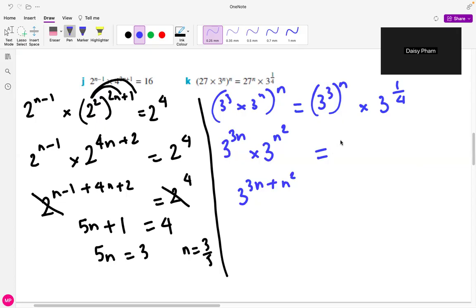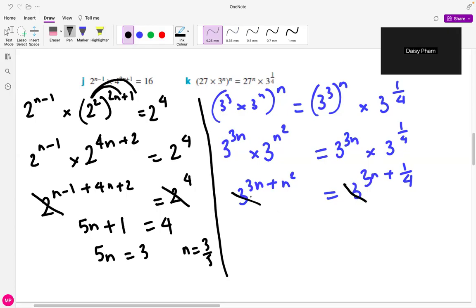Equal, then this one you expand out 3 to the power of 3n times 3 to the power of a quarter. Then you can add them. So 3 to the power of 3n plus 1/4. Okay. Once you have the base on the same side, you can get rid of them.